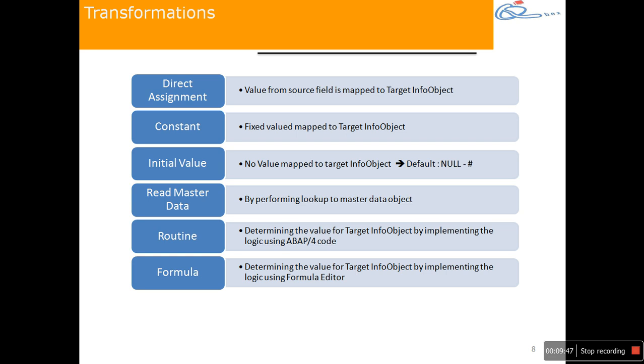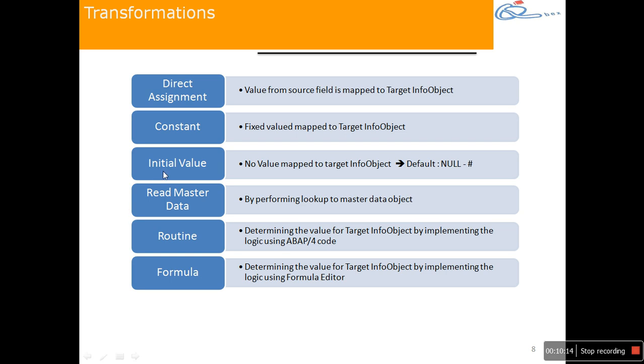For every record I load, it has to keep taking the same constant value, A. That's where I use constant. I am not worried about the value of the source field at all. I have a target InfoObject which is supposed to take a fixed value always, irrespective of the record. Then I will go with what? Constant. Clear, boss? Okay.